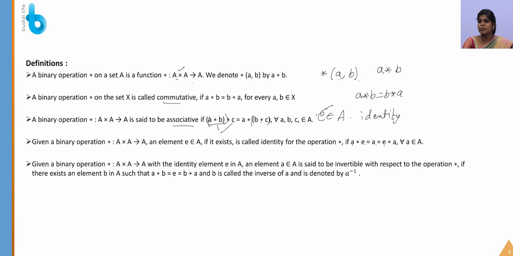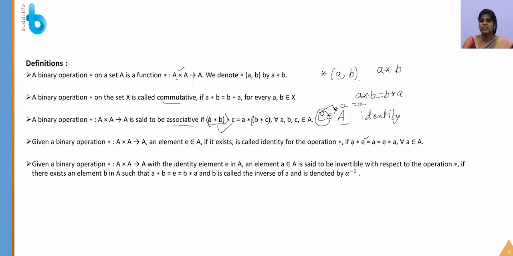When this element is operated with any other element in the same set, you will get the same element back. Then the element e is called the identity element.